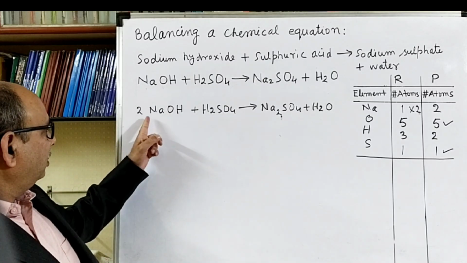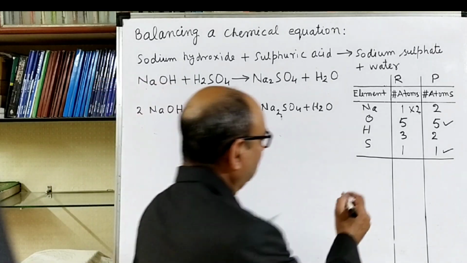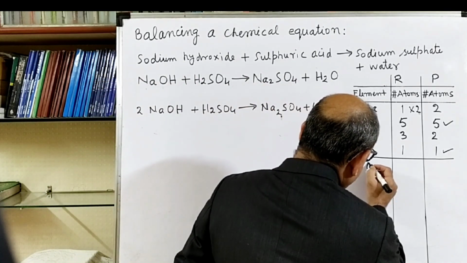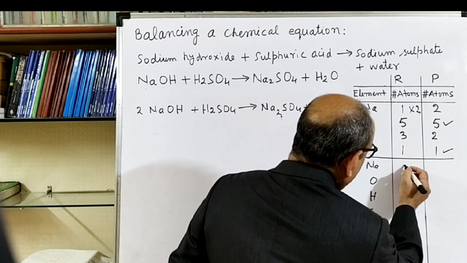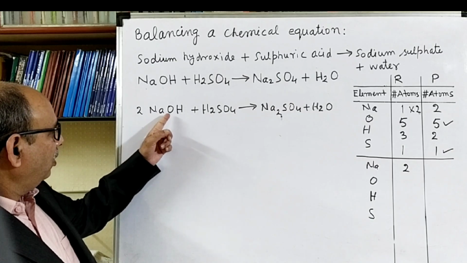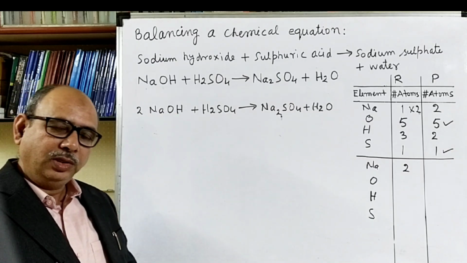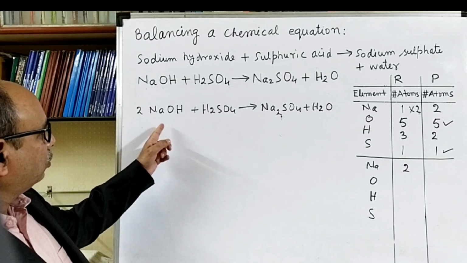On the reactant side, the number of sodium atoms is now 2. We'll write down sodium, oxygen, hydrogen and sulfur. Now these two will multiply the sodium, oxygen and hydrogen each one. Sodium atom is 2.